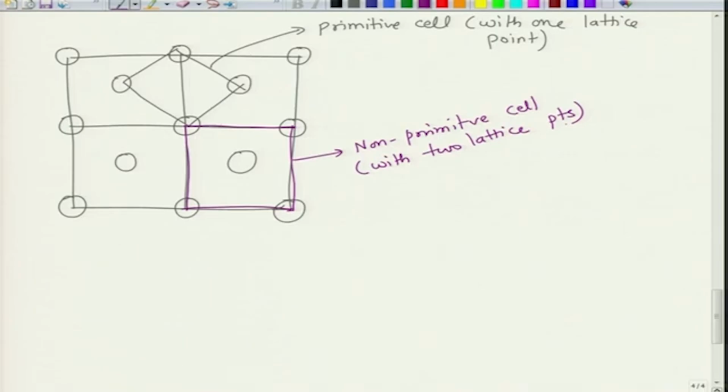So, you can see that the area of the non-primitive cell is twice the area of the primitive cell. That is very obvious, and it contains two lattice points. So, it basically scales with the number of lattice points.